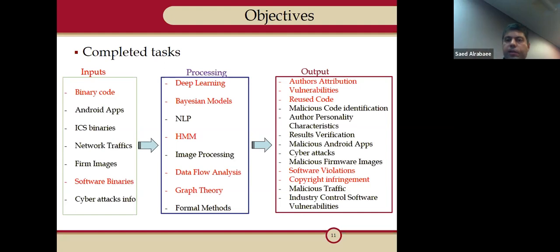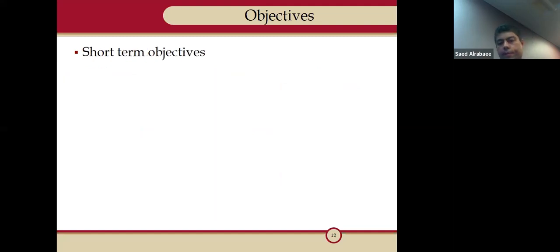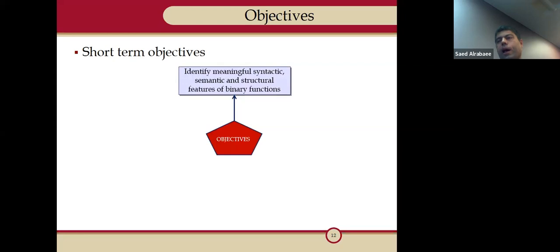That's just the big picture, okay? So we completed some tasks and we have ongoing tasks. We are still doing our best to have things completed and, of course, updated. So anyone who would like to work in binary code analysis will have these short-term objectives, regardless of the domain you would like to work on. Generally, it looks like this.